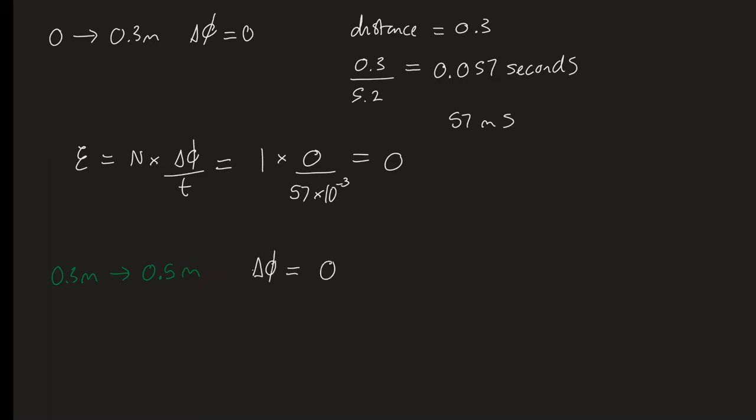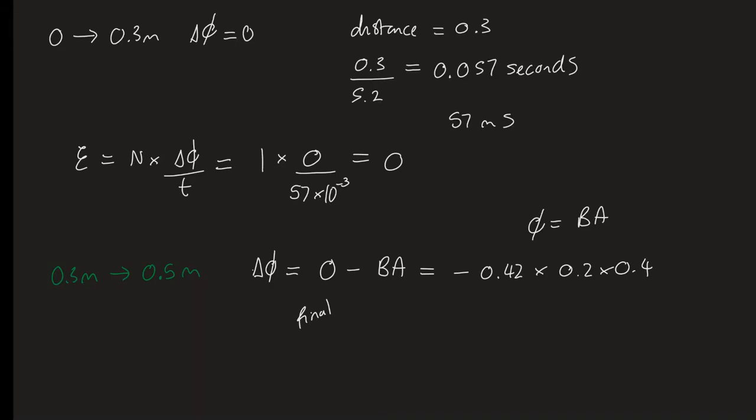And in that stage we want to know the change in flux. So we have the final minus the initial. Well, the final is 0, it ends up outside the field, with no field lines passing through it. The initial, we'll just use BA. If we want to work out flux, we use BA. So that's minus 0.42 multiplied by the area of the loop, 0.2 by 0.4.